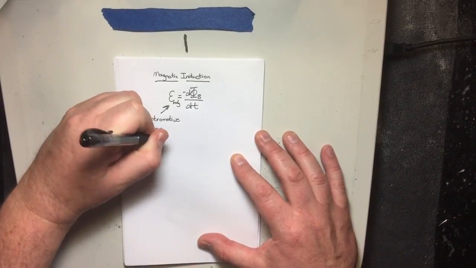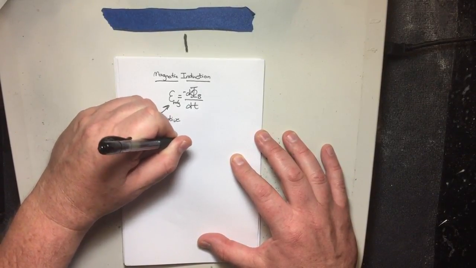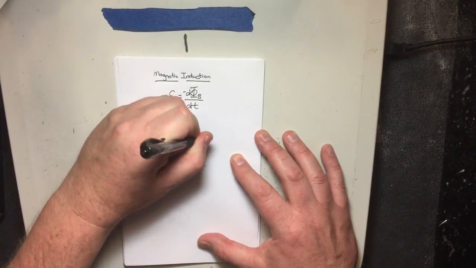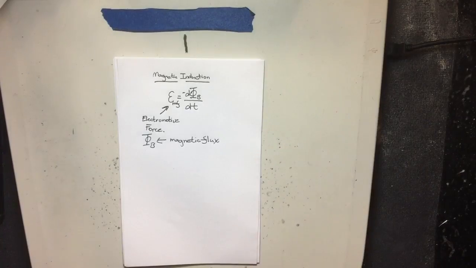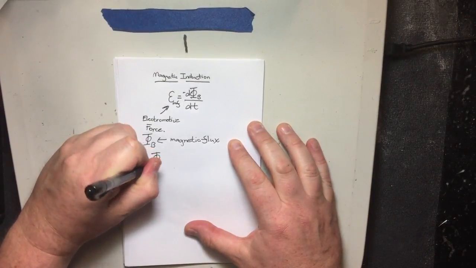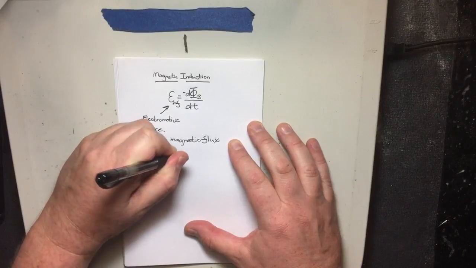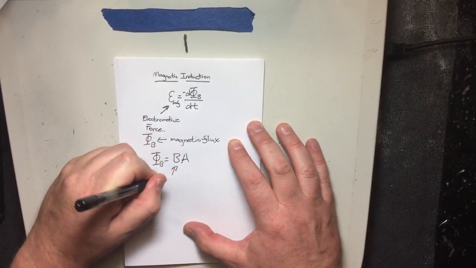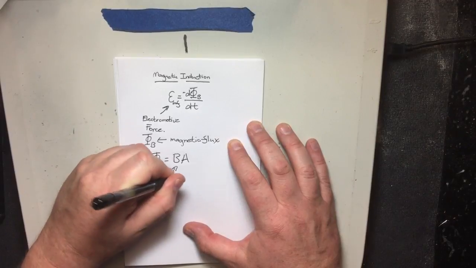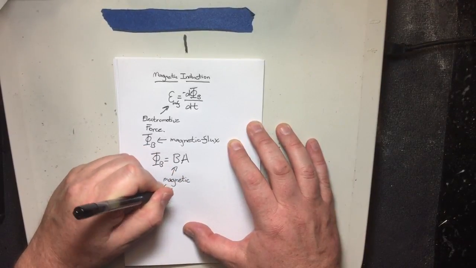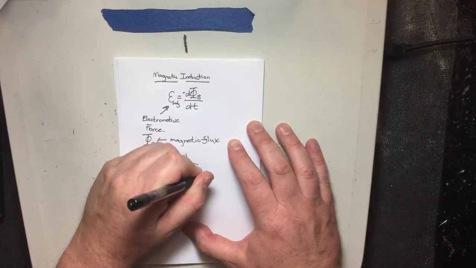Magnetic flux is phi sub B, capital phi. Phi sub B is the product of two quantities: magnetic field and area.